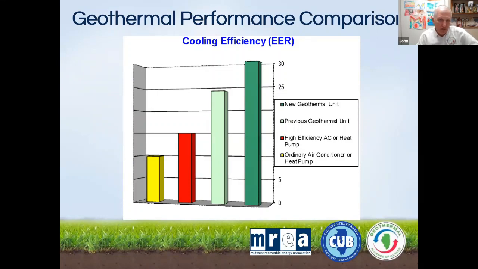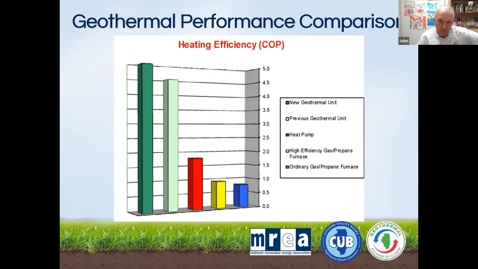And then you see the efficiency for a really high-end heat pump or high efficiency air conditioning. And then your typical central air conditioner, probably something more like a 14 SEER air conditioner on the left. You see the efficiency in cooling is no comparison.